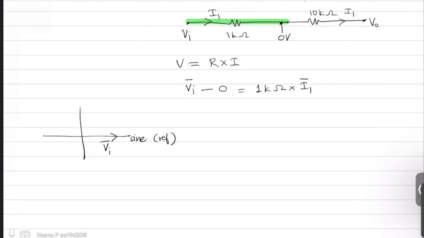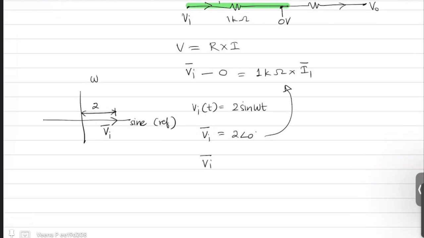The magnitude of this phasor is 2, because Vi of t is 2 sine omega t, and this phasor is of the frequency omega. In this domain, Vi is lying on the sine axis, and I am taking the sine axis as reference. That means I can represent Vi as 2 angle 0. If that is the case, I can substitute it in this equation.